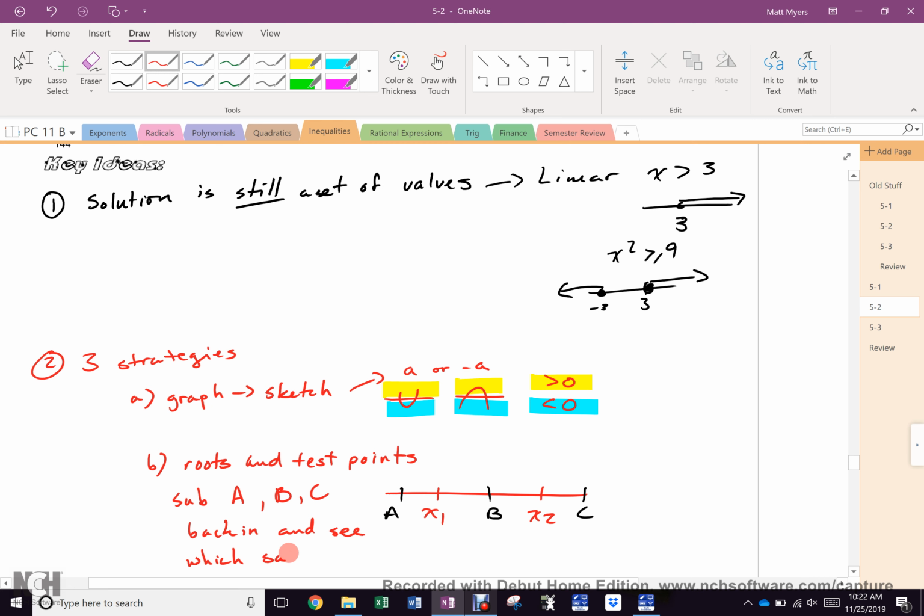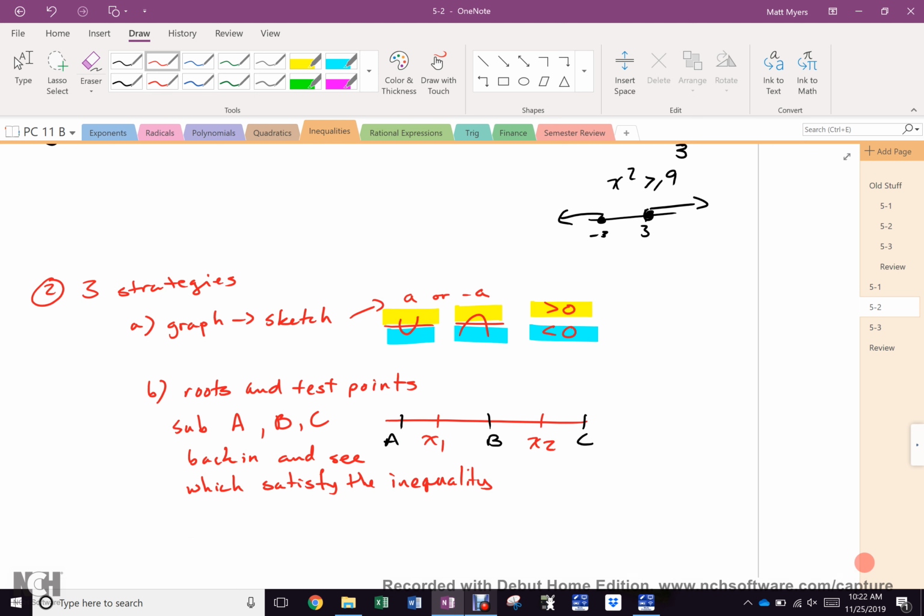And see which satisfy the inequality. And C, what's our last choice? Case analysis.